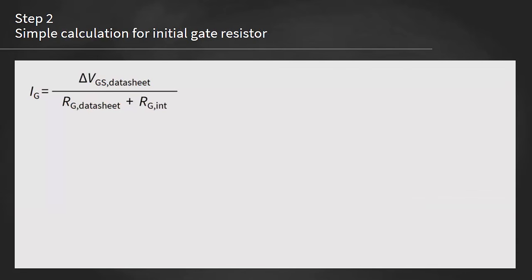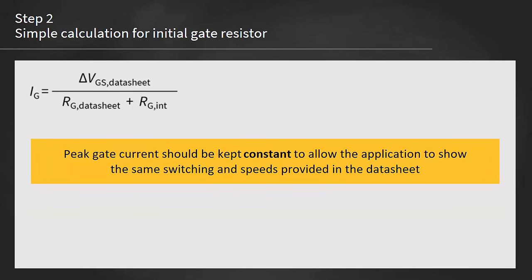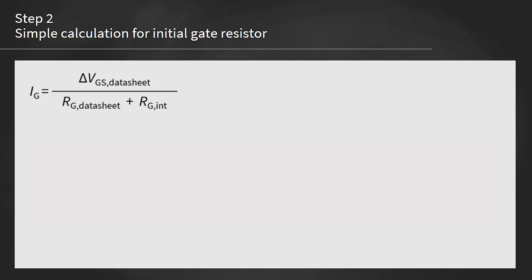In the second design step, the peak gate current should be kept constant in order to allow your application to show the same switching characteristics and speeds provided in the silicon carbide switch datasheet. Therefore, the equation can be adapted to your application conditions, and, to keep the same peak gate current, we can adjust the variable parameters.